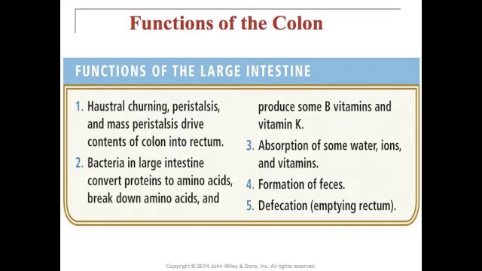Bacteria in the large intestine convert proteins to amino acids, break down amino acids, and produce some B vitamins and some K vitamins. It also helps with the absorption of some water, ions, and vitamins. It forms the feces, and it acts in defecation or emptying of the rectum.